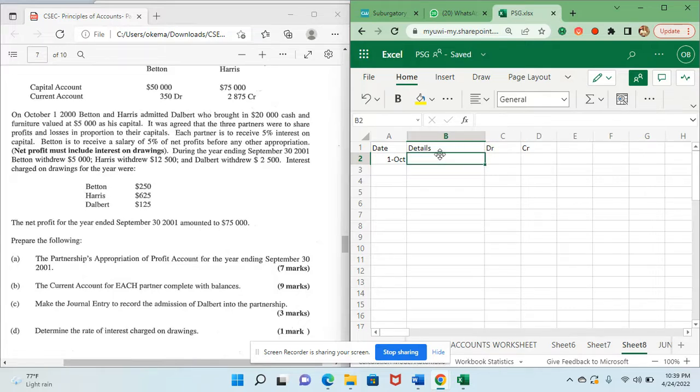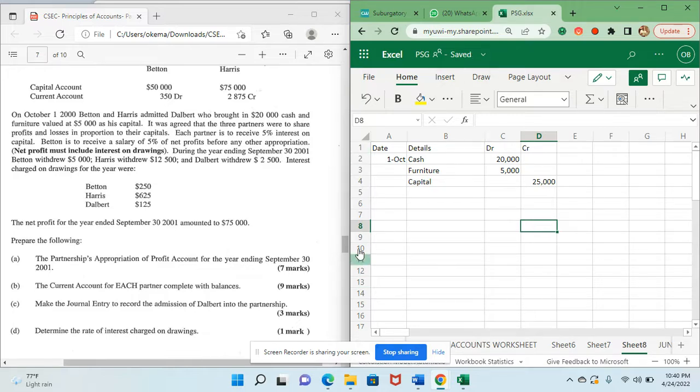He brought in cash. He also brought in furniture. And of course, our capital account will be credited. He brought in 20,000 in cash, 5,000 in furniture, and we credit our capital 25,000. Remember that cash would be the asset that is increasing as well as furniture. And of course, we would credit our capital account because his capital would be increasing as well.